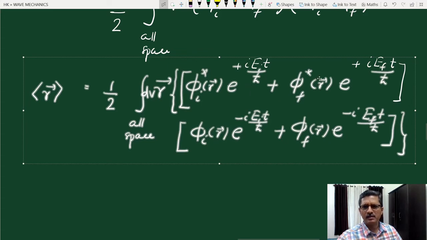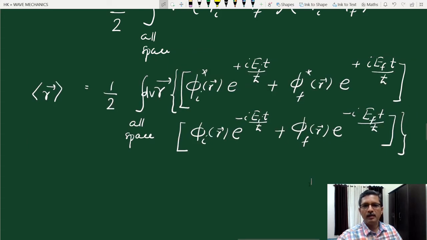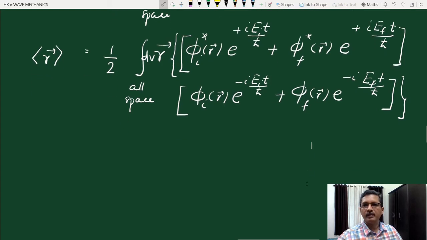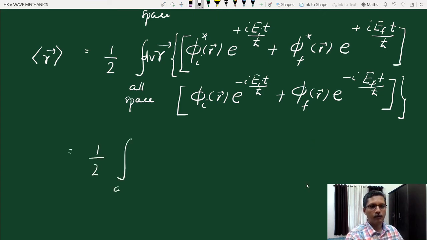Psi I star plus psi f star, psi I plus psi f. Now we have to multiply, then there will be 4 terms. So this is half integral over all space, volume element dv, vector r.